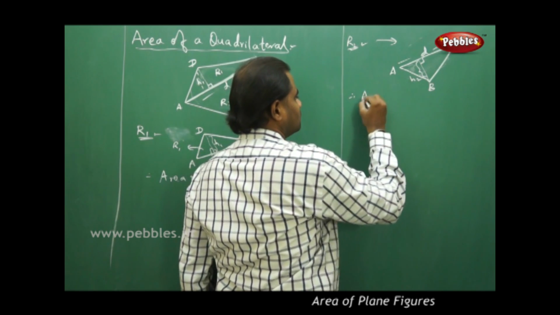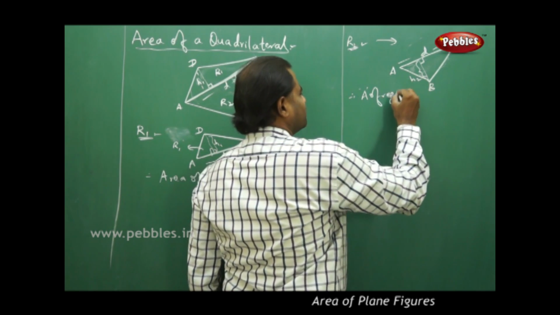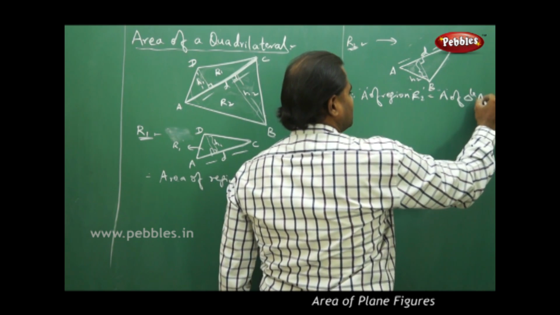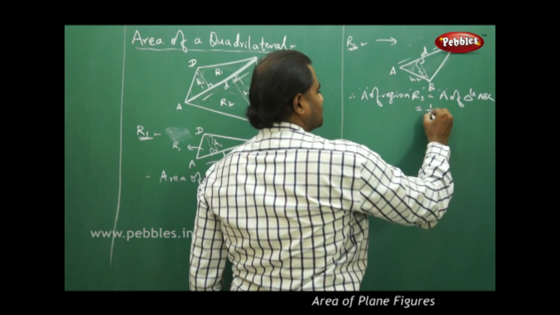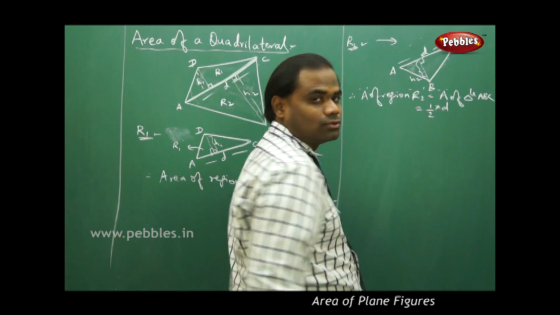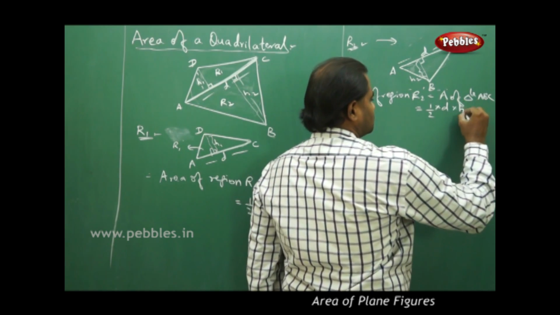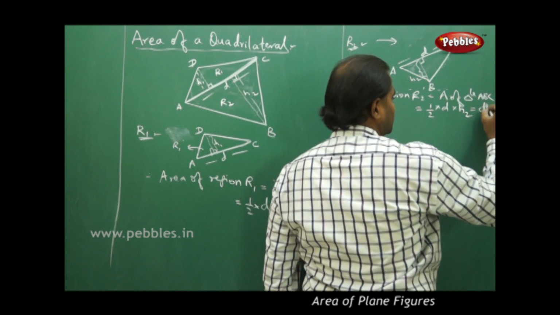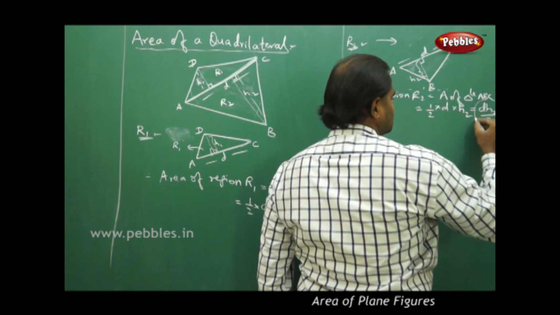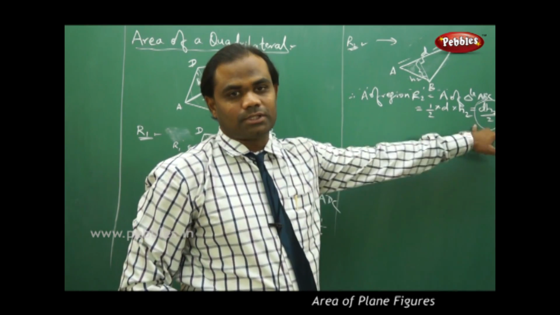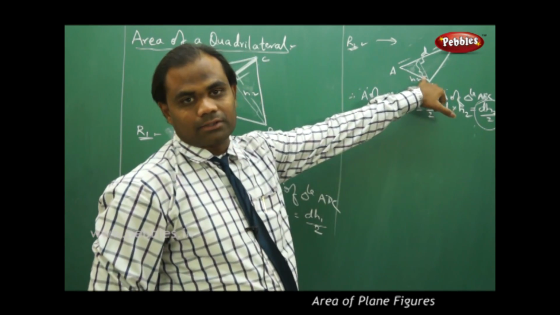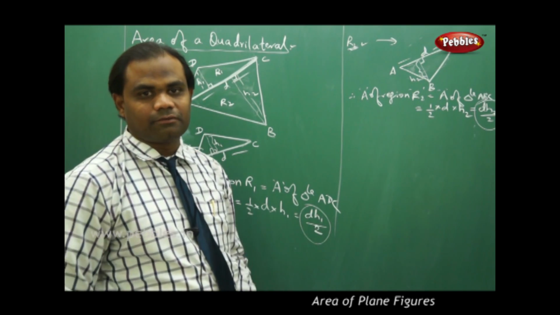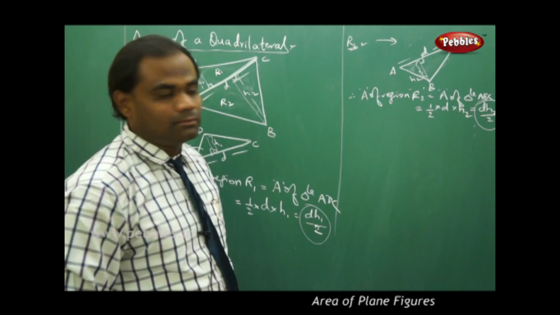Therefore, the area of region R2 is nothing but the area of triangle ABC, which is half into base into height, the base being D and the height being H2. Therefore, this would be D H2 over 2. This is the area of the region R2, identified in the second triangle down the diagonal, and this is the area of the region R1, identified above the diagonal in the quadrilateral.